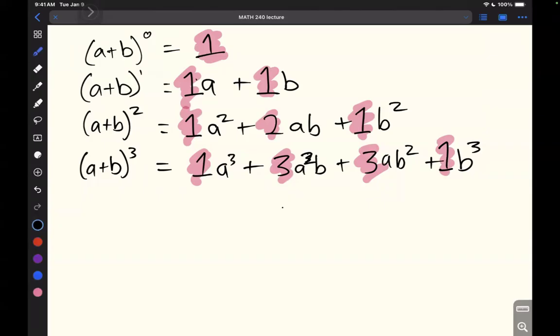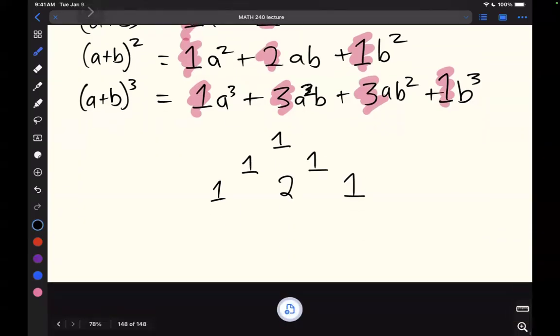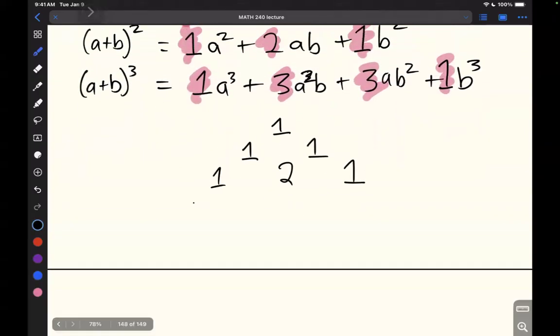And so we can write this in the form of a triangle. Nope, that's not correct. That's a 2. That's a 1. And then we have 1, 3, 3, 1. Let's say we've got two numbers x and y. If we draw it like this, we've got 1s going down the sides.